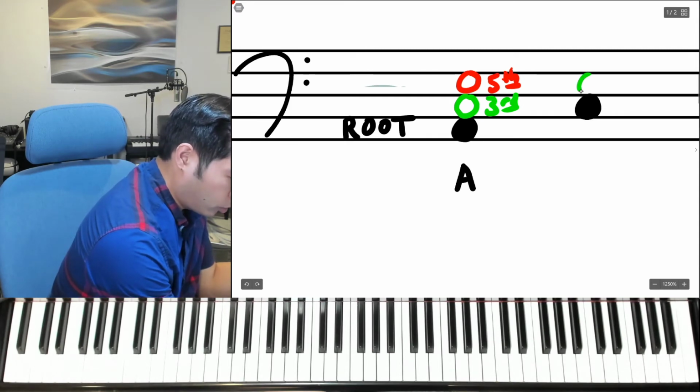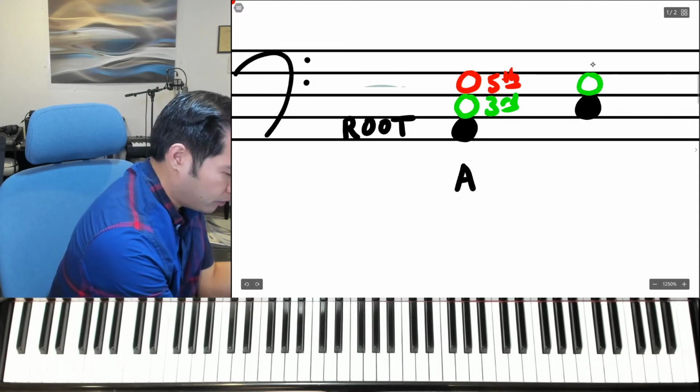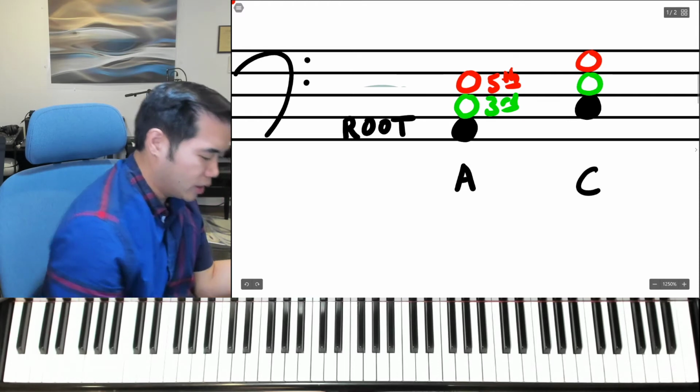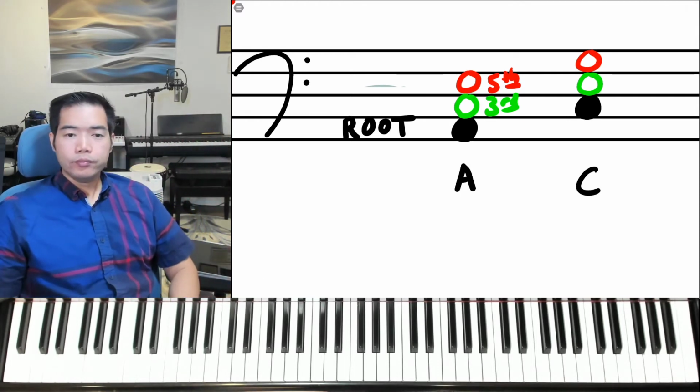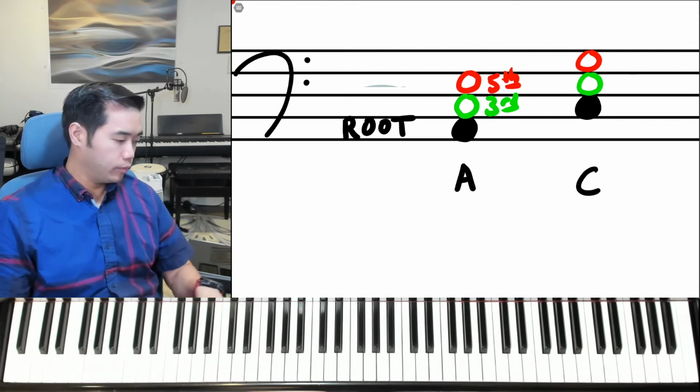So we have a third above the root, and then a third above the third, which is the fifth. This would be a C chord, some type of C chord. Okay? So the name is always based off of the root.